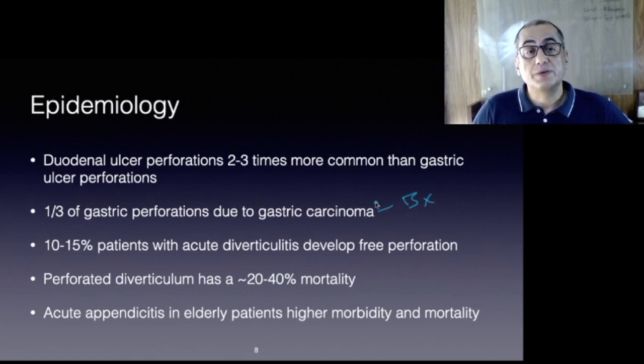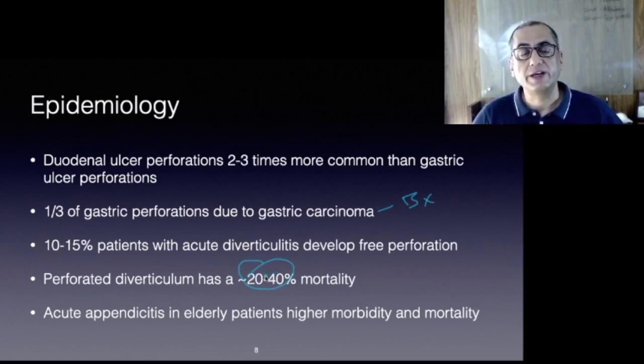Approximately 10 to 15% of patients with acute diverticulitis develop free perforation. Although most episodes of perforated diverticulum are confined to the peridiverticular region or pelvis, patients occasionally present with signs of generalized peritonitis. The overall mortality is relatively high at around 20 to 40%, largely because of complications such as septic shock and multi-organ failure.